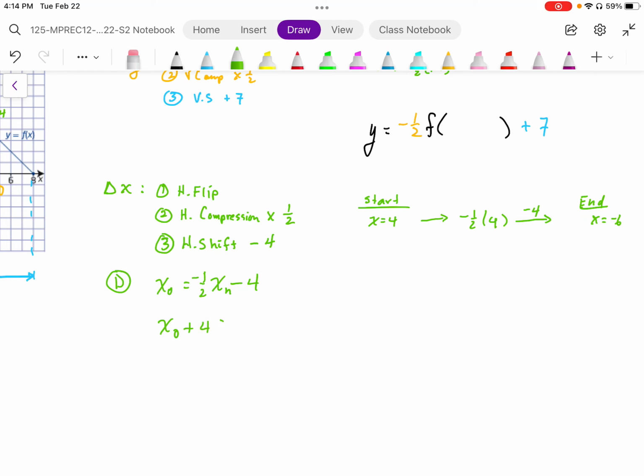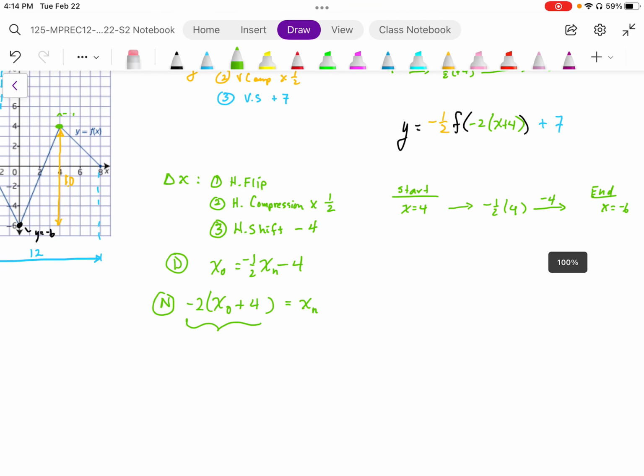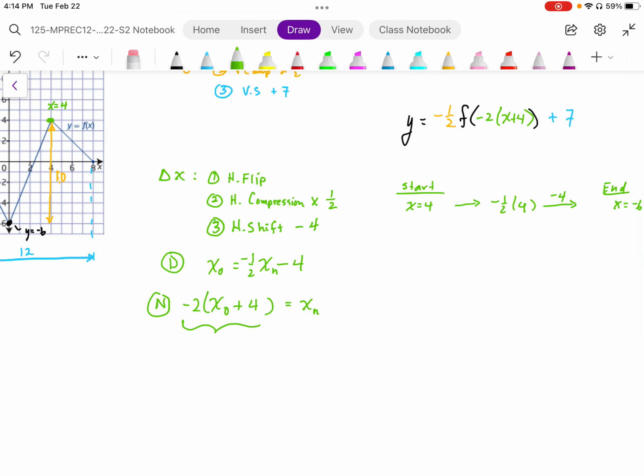So I'm going to plus 4 and times by negative 2, and this is a notational form of this. Once I get that part, this part here I put into the right brackets. So I end up with negative 2 bracket x plus 4 bracket. This happens to be factored form, so notice that the compression and expansion happened first and the shift last. Factored form is always shift last by its nature of how we organize the algebra for that.